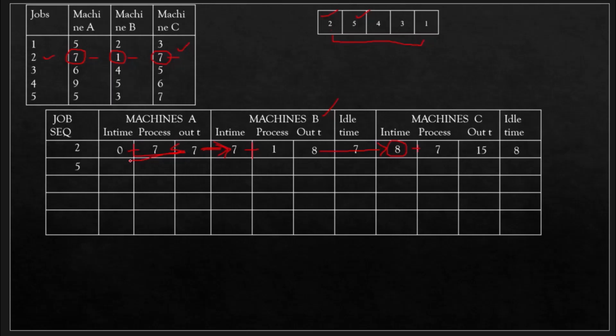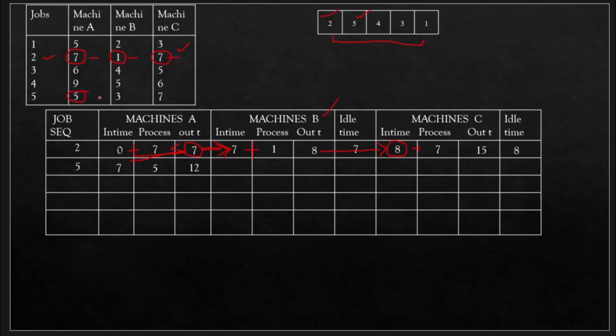The job 2 out time for machine A is 7 hours, so we consider this 7 hours as the in time for job 5. Next the process time of job 5 is 5 hours, and 7 plus 5 gives us 12 hours.